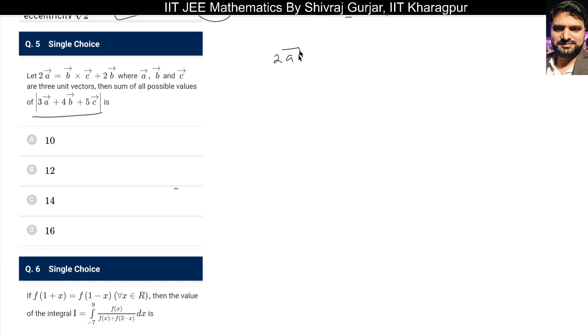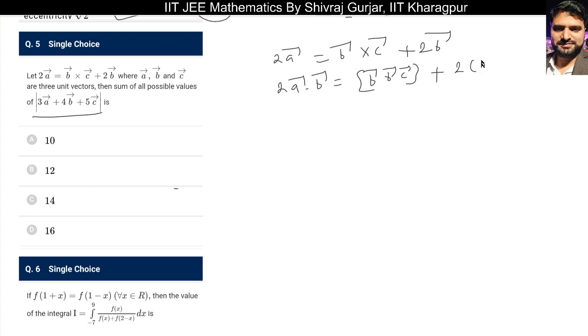We have 2A vector equals to B cross C plus 2B vector. Now if we dot multiply by B, then this will become the determinant [B B C] plus 2B dot B, that is 1 because B is a unit vector. And this is a determinant whose two columns are equal, so this will be 0.